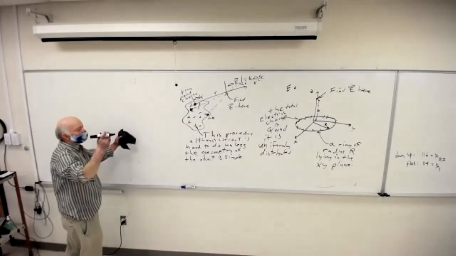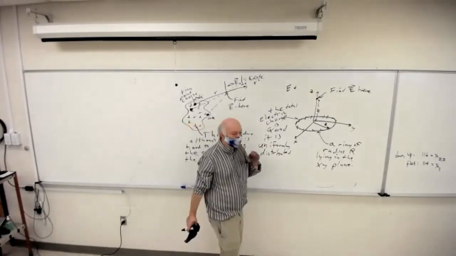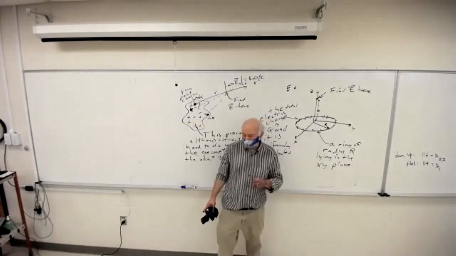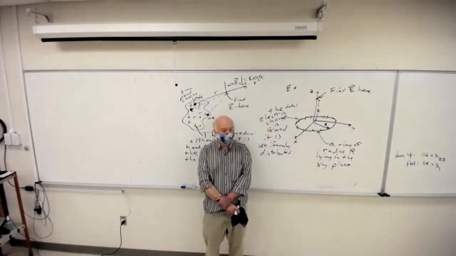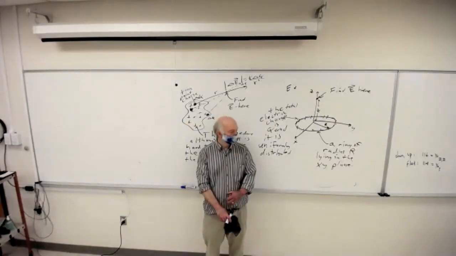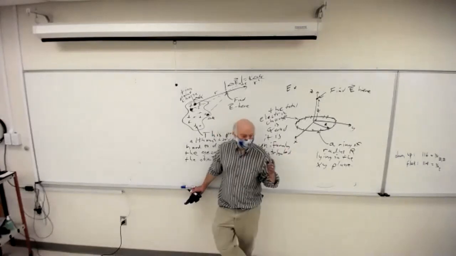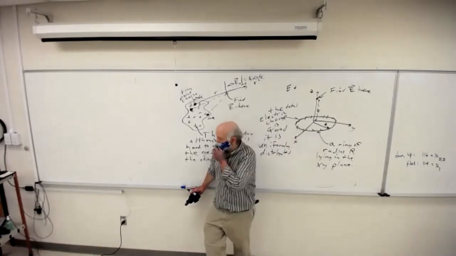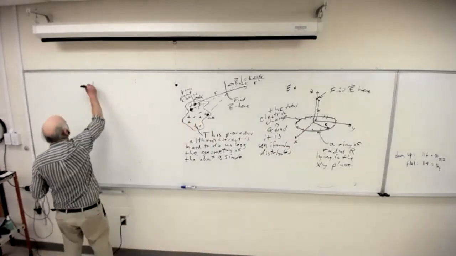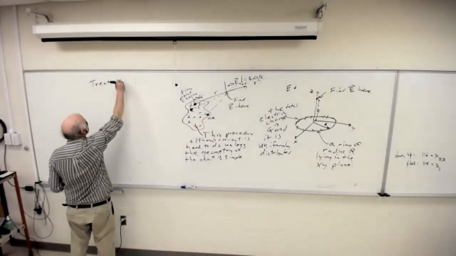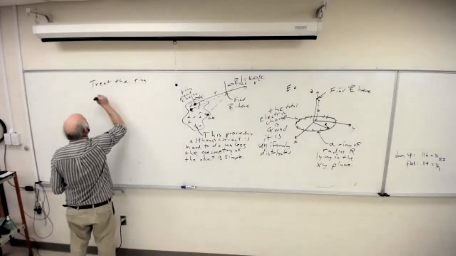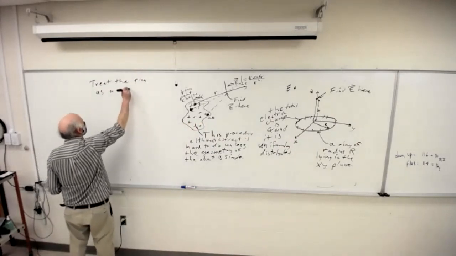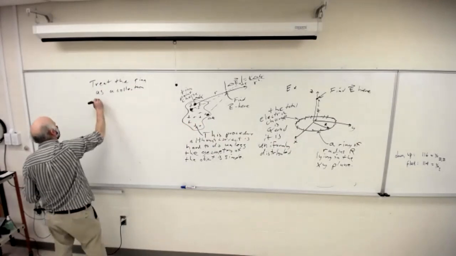Okay, so you tell me what to do. What are we going to treat this ring as? What did we say? One way to find the electric field is to treat an object as a collection of point charges. So we're going to draw a little point charge on here. So treat the ring as a collection of point charges.